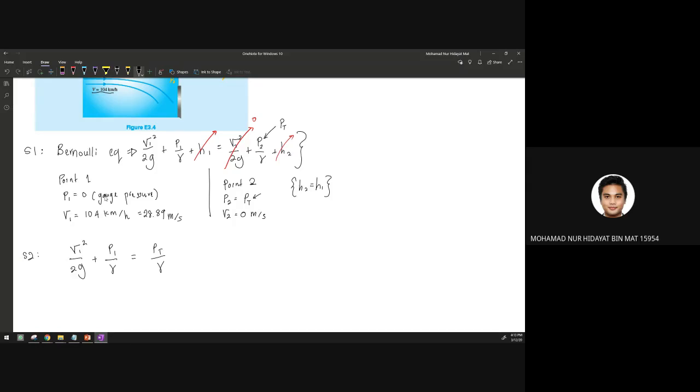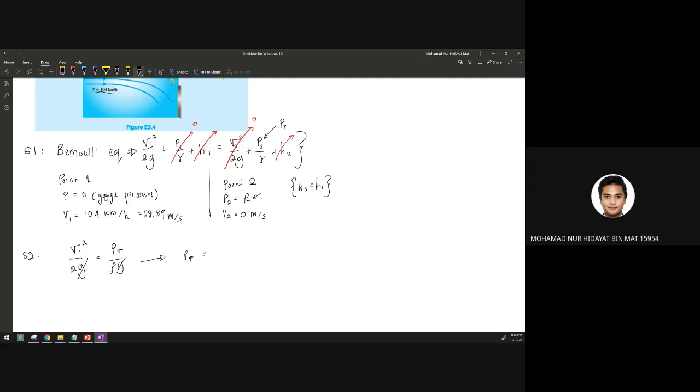Okay, so what do we have to do? Remember that the pressure at 1, P1, is equal to 0. Thank you, Amirul. Pressure 1 should be cancelled as well. So we leave only this component, which is equal to PT over rho g. So gravity we can cancel out, and we make PT the subject.